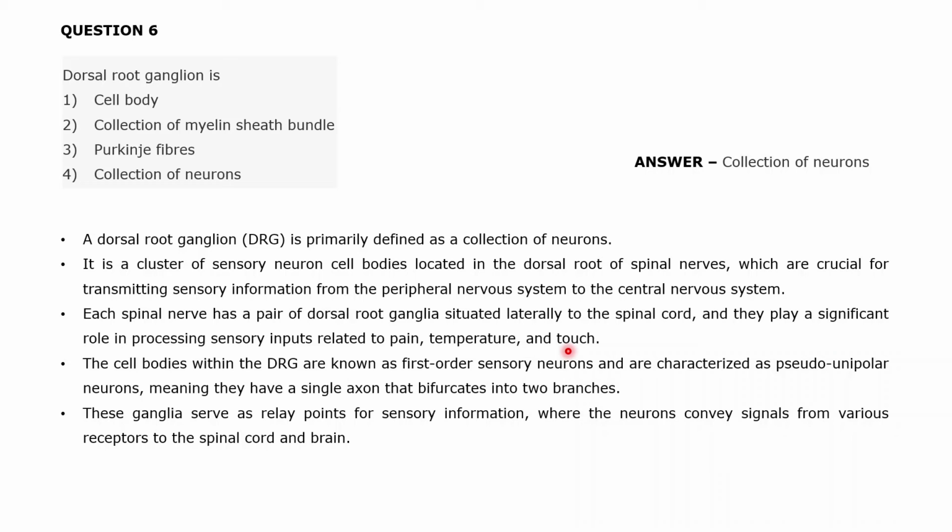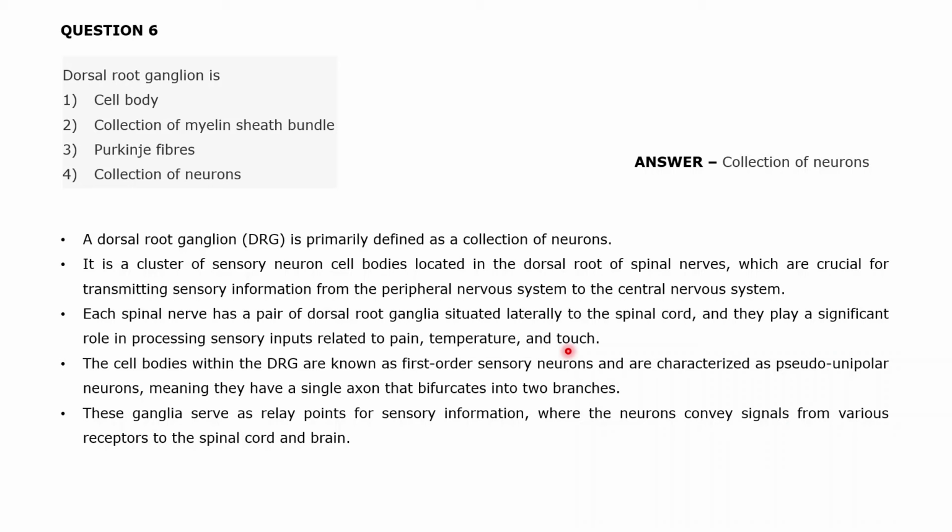In case of bipolar, if this is the cell body, one axon is protruding from one side and the other axon is protruding from the other side, then it is bipolar, because there are two different axons protruding from a single cell body. Multipolar, there are multiple axons, as you can see.